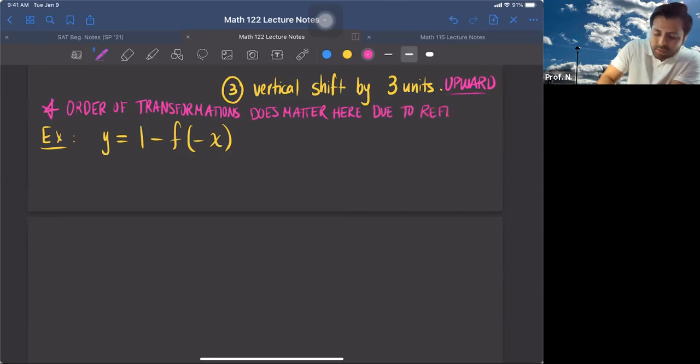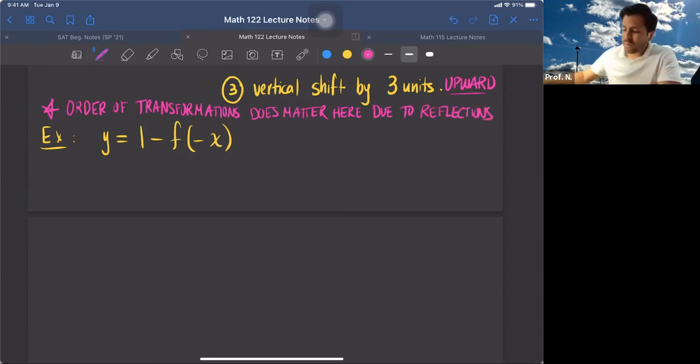It's because of the reflections. We have to be careful with reflections because you can't interchange them with vertical shifts and result in the same result.